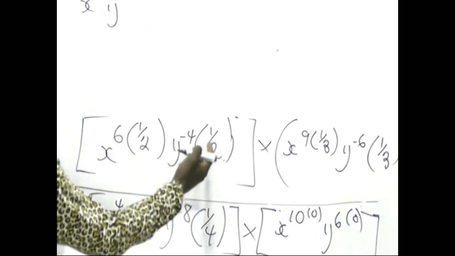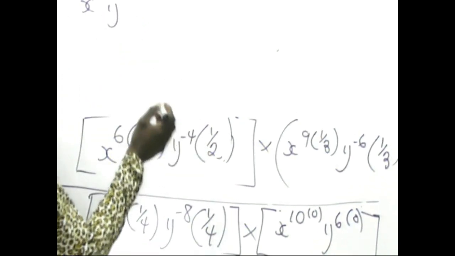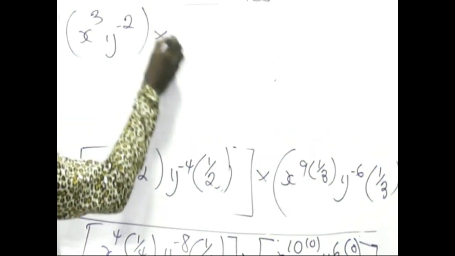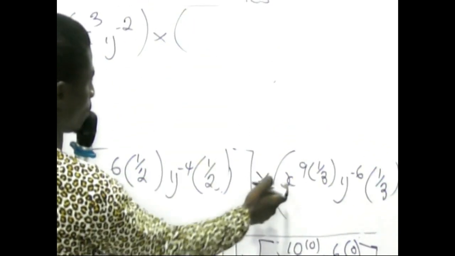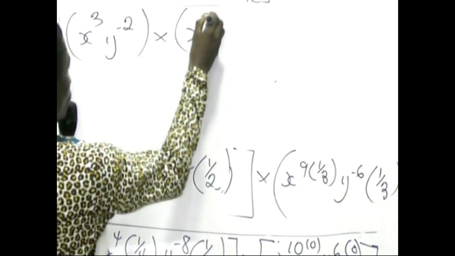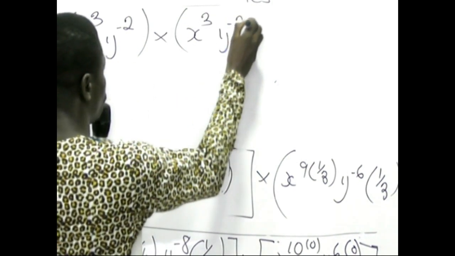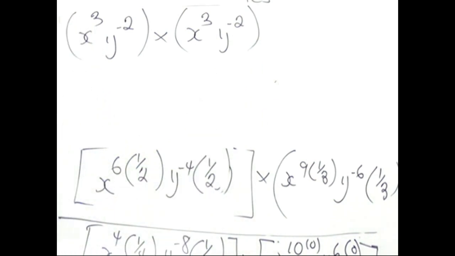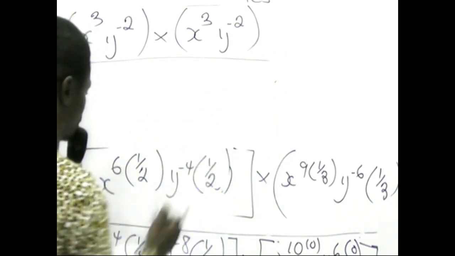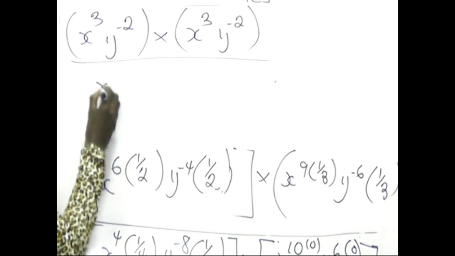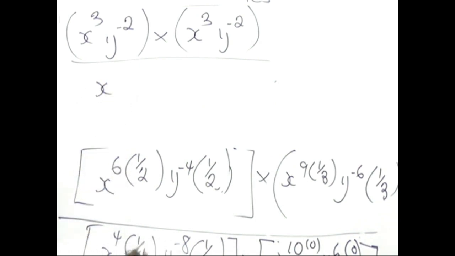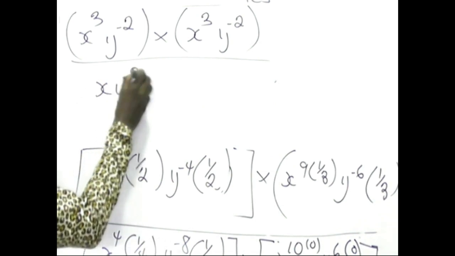Then this one also gives me x cubed, then y^-2, all divided by x, then y^-2.